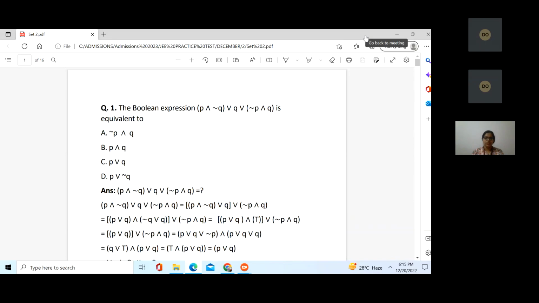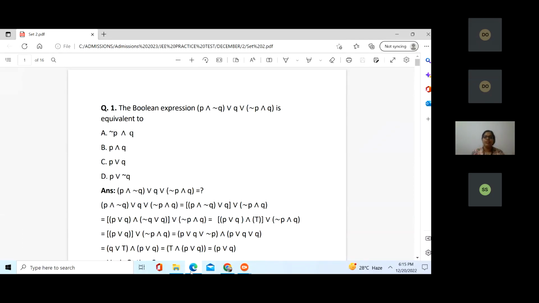Okay, so this is the first question. I hope you all remember this topic that you studied in plus one. You can start doing the first question. There are four options. We need to find out which one is true.